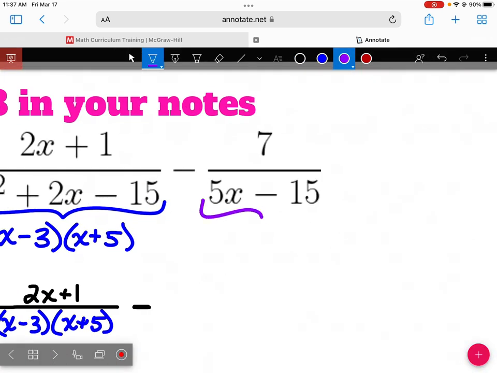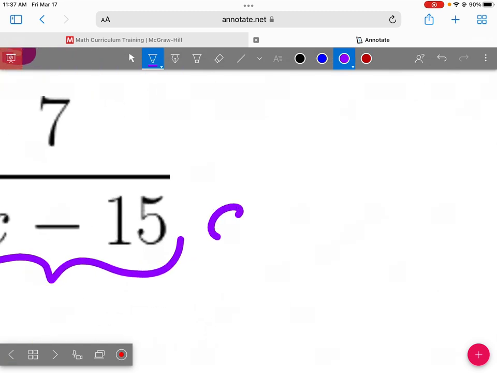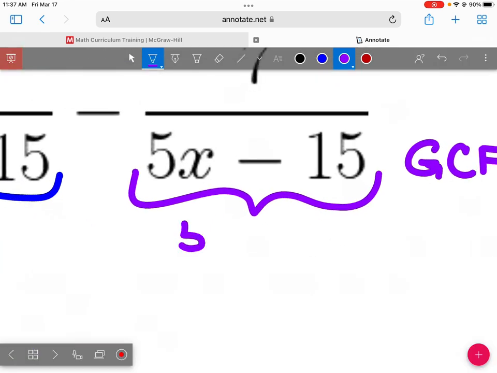I need to factor this also. What's the first thing we always look for when we factor? GCF. Does this have a GCF? What is it? 5. So I'm going to take the 5 out. I can't throw it away because that's one of the things that gets multiplied here. X minus 3.